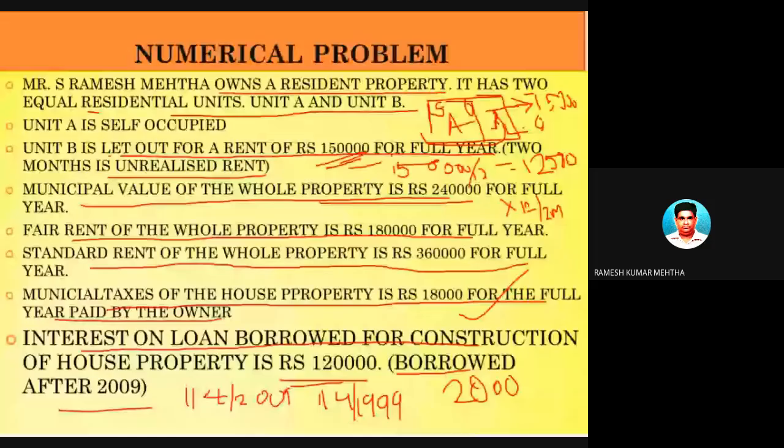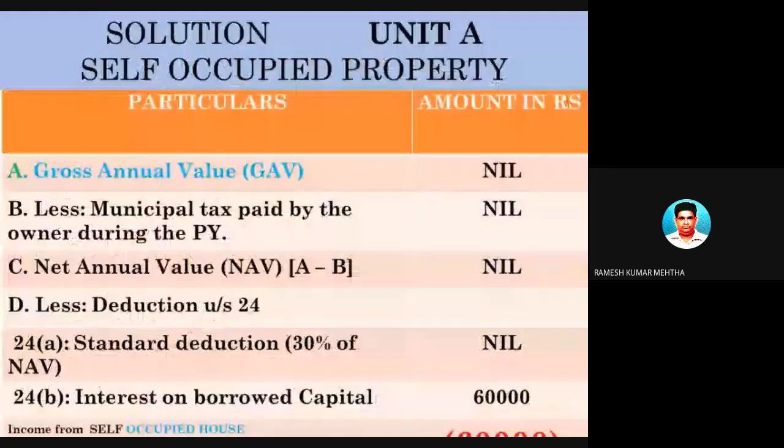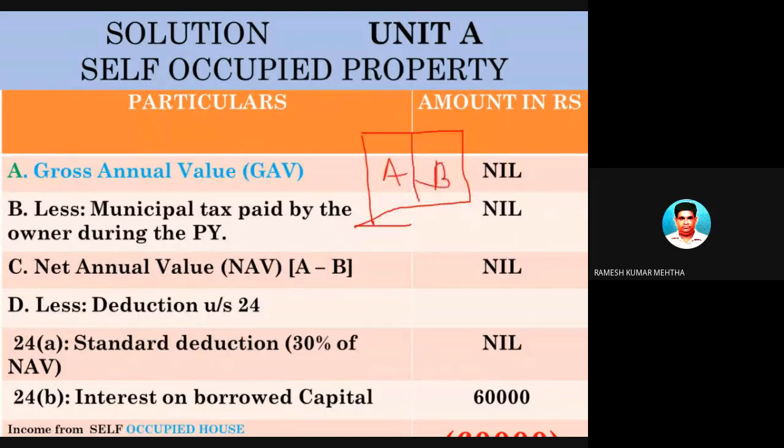Now, there are steps which you have to follow. First we have to find out the income from the house property which is self-occupied, that is Unit A. The house property is of this kind, with this A part and this B part. This property is self-occupied by him.